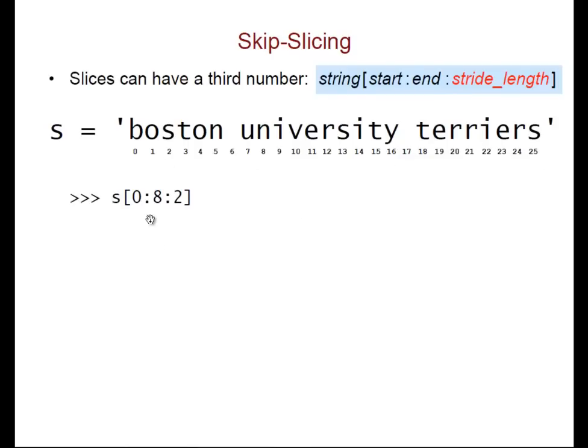And here's a possible slice. Okay, so I'm saying start at position 0, go up to but not including position 8. So that leads me to focus on that much of the string from Boston up to U, right? From B up to U. But then I'm not going to get that whole thing because the third number here says I want my stride length to be 2.